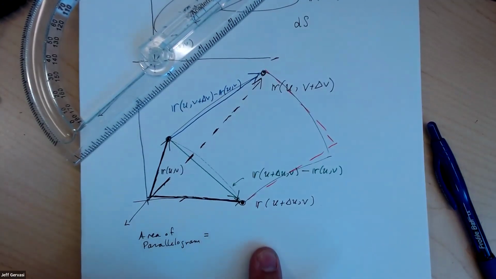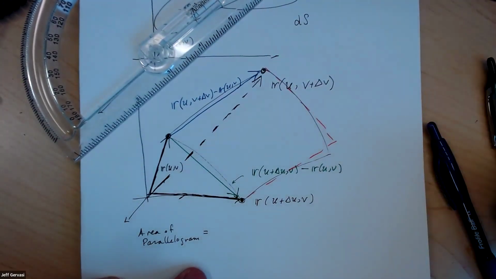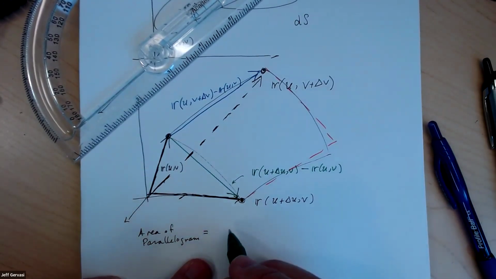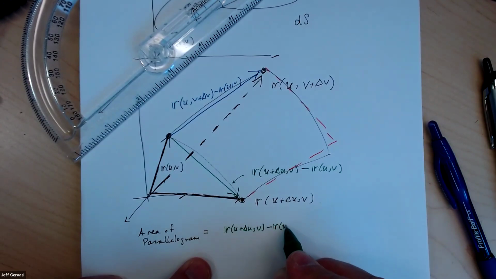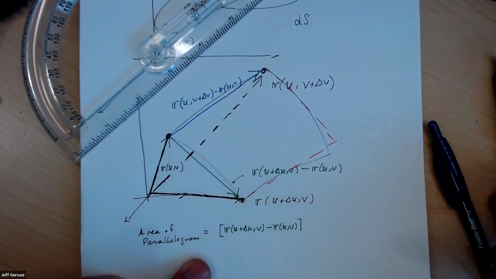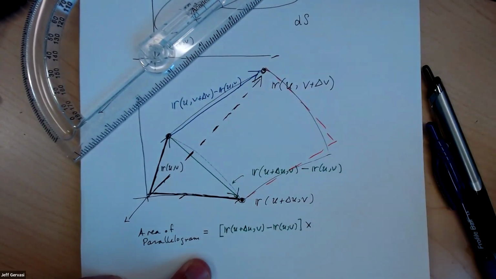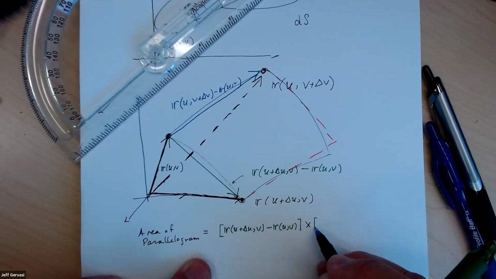So we'll just do that right here. I'm going to take that one vector, and then I'm going to cross it with the other.